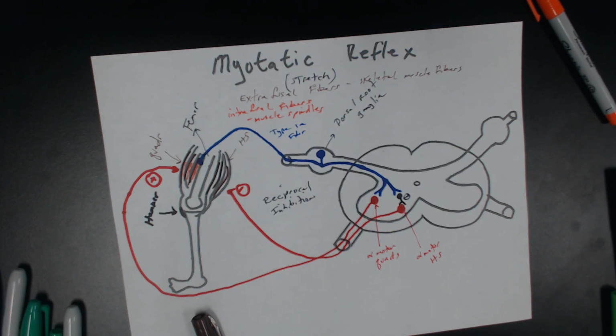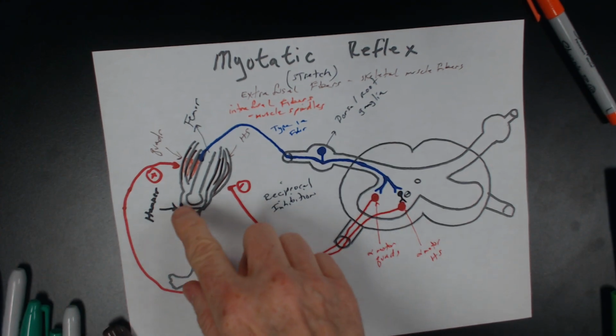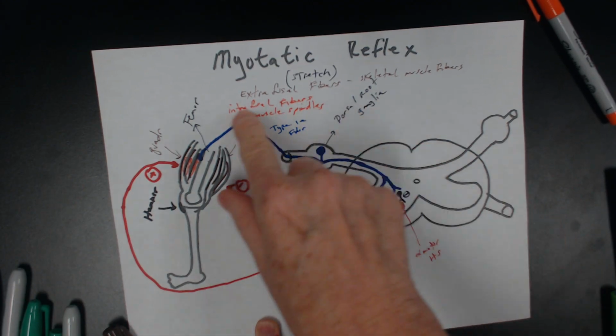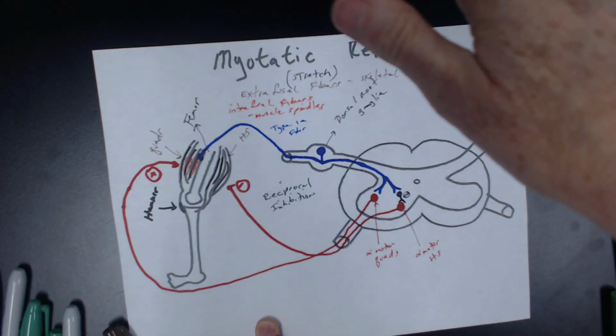Okay, so a tendon tap is your basic, you'll also hear DTRs, deep tendon reflexes. That's all this is. This is your basic stretch reflex, your myotatic reflex. Another important thing to realize is that the myotatic reflex happens at the level of the spinal cord, right? There's no cortical information here.